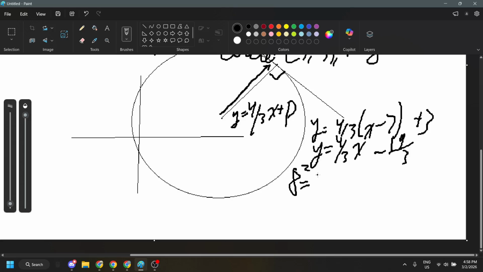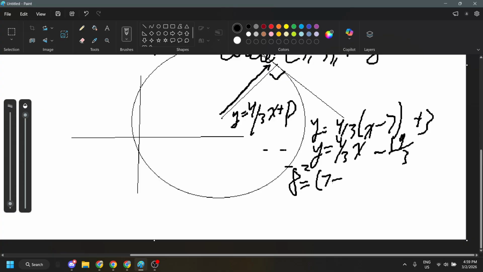Let's do 8 squared is equal to 7 minus... how am I going to do this? We have the distance between this point, which is 7, and this point, which is going to be some kind of increase.